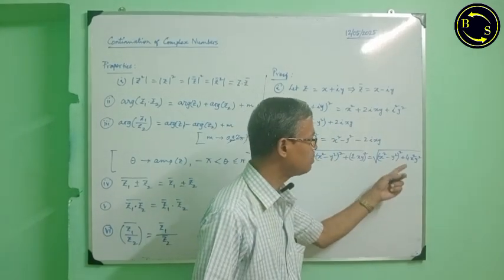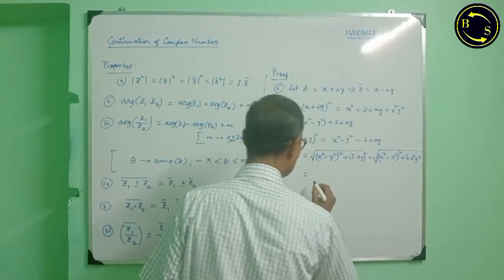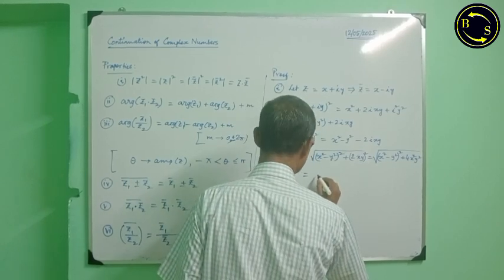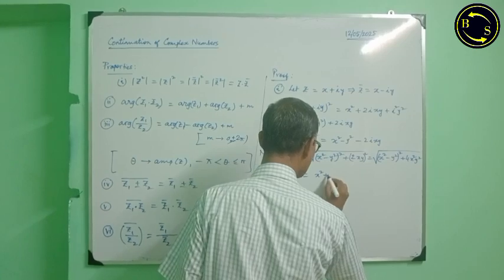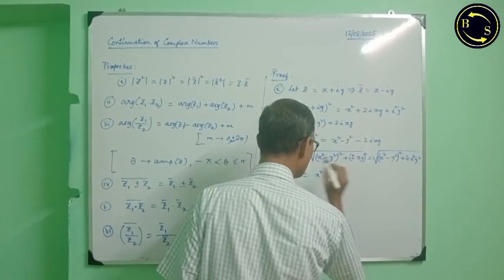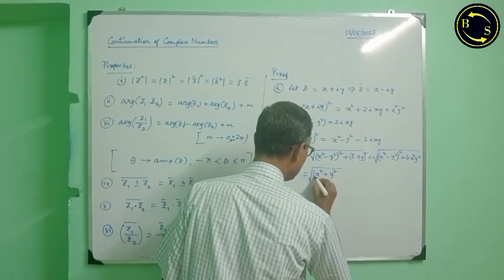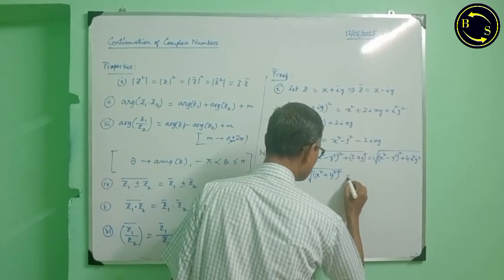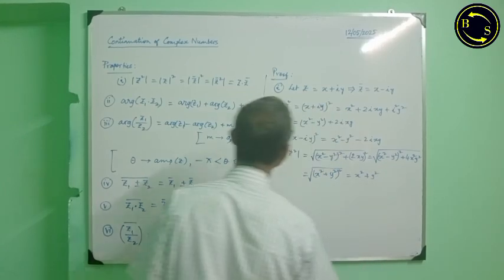Form a minus b whole square plus 4ab. Already you have learned that this is equal to the square root of x square plus y square, whole square, that is equal to x square plus y square.